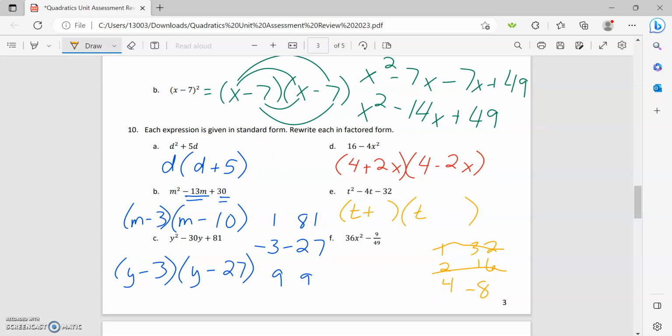So t plus 4, t minus 8. If I redistribute all of that, you'll find that you get t squared minus 8t plus 4t, so -4t, and then 4 times -8 is -32. Yeah? All right. Moving on.